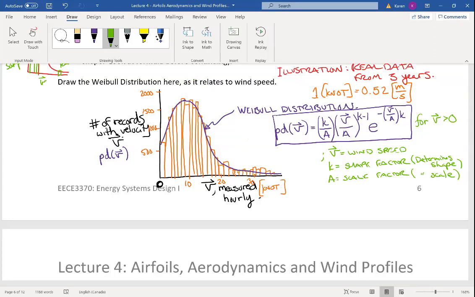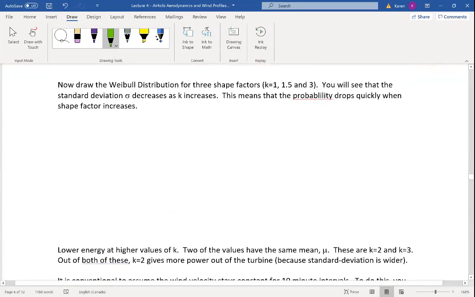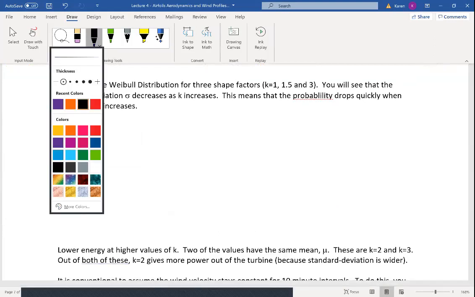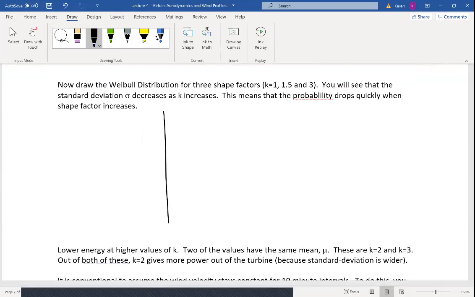All right, let's look at the effect of K. Now I'm going to draw some Weibull distributions, but without the buckets of data. This is your wind speed, let's just say meters per second because it's relative.